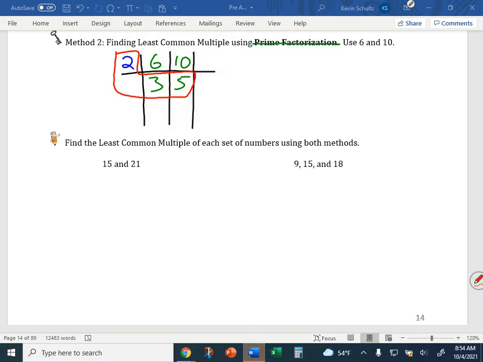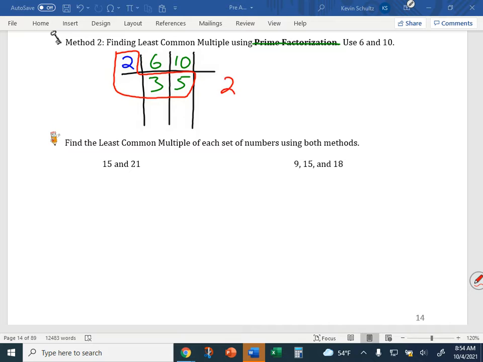You can use the grid method for both greatest common factor and least common multiple if you know what you're looking for. In greatest common factor, the blue number here would be our answer. And if we had more of them, then we'd multiply them, right? For least common multiple, it's the blue number times whatever you're left with at the end.